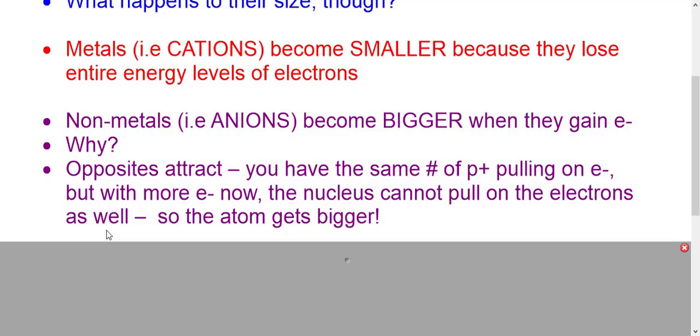But when a nonmetal gains electrons, you're adding electrons to that atom to fill that energy level. The nucleus can't pull on each electron as well, so the atom gets bigger. Plus, you're just adding more electrons without changing the number of protons. You're adding stuff to that atom, so it should get bigger, because electrons are what make up the size of an atom.